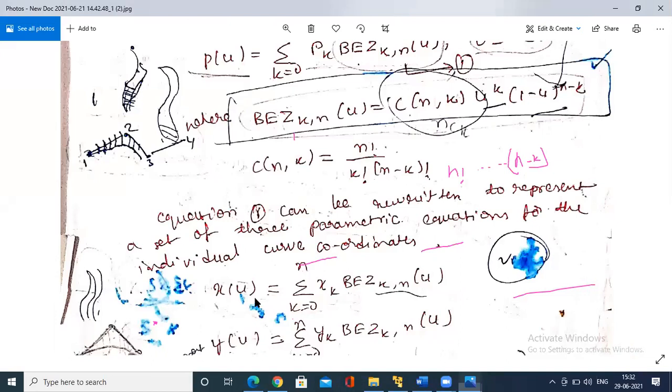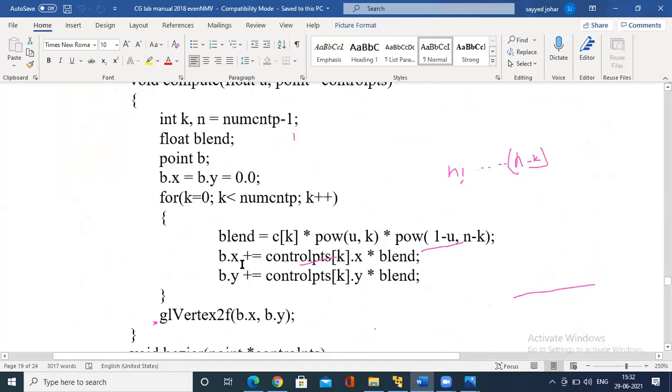You have to calculate x of u. x of u is calculated by xk multiplied by the above calculated Bezier blend of k, n, u. Similarly, here it is for y. See here, the control points x are multiplied by the blend. This blend you have calculated as per the formula. Again, this blend you have calculated as per the formula.